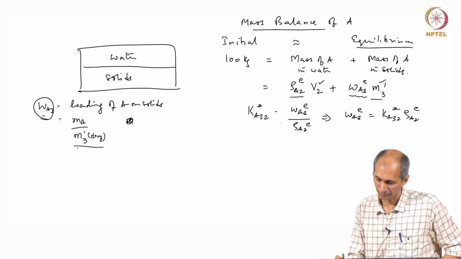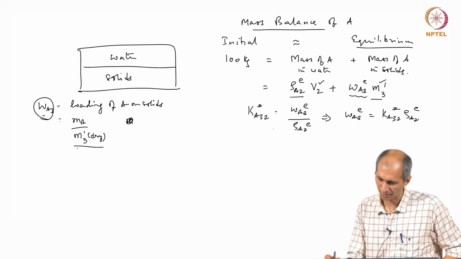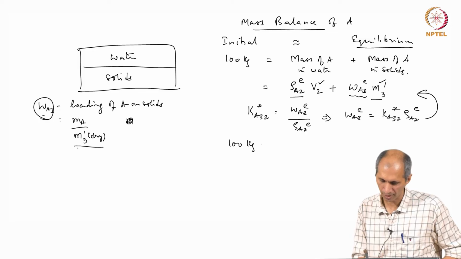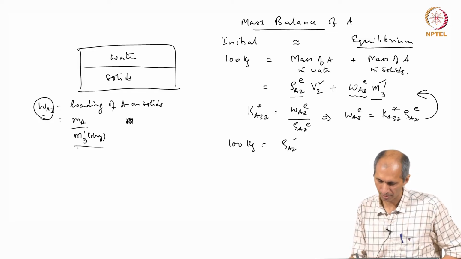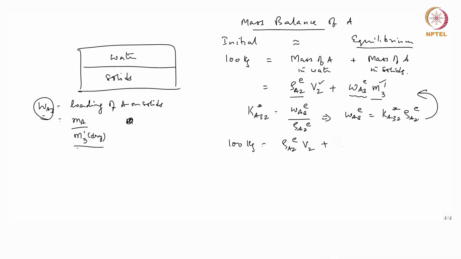Now in this equation, if I substitute this back into this one, we get 100 kilograms equals rho A2 equilibrium into V2 plus K32 star rho A2 equilibrium into M3 dash, which makes it rho A2 equilibrium into V2 plus.